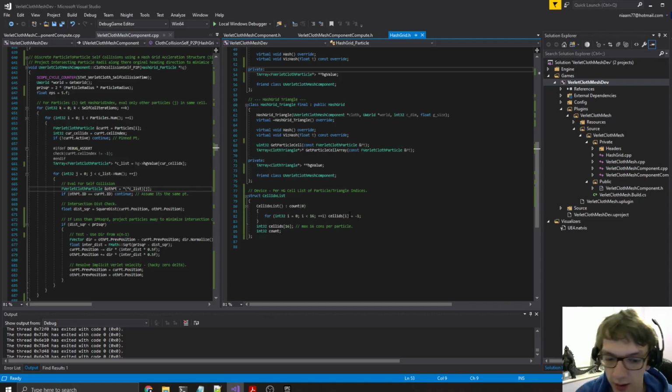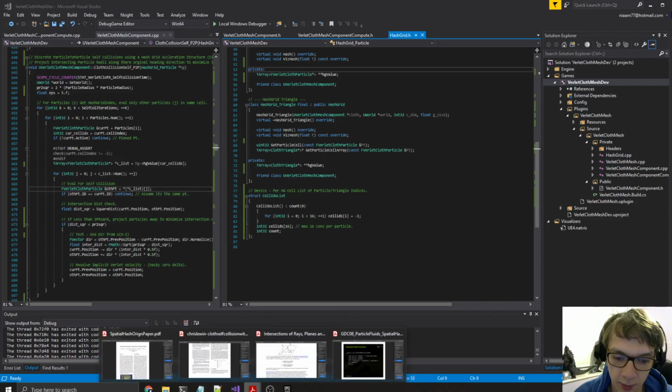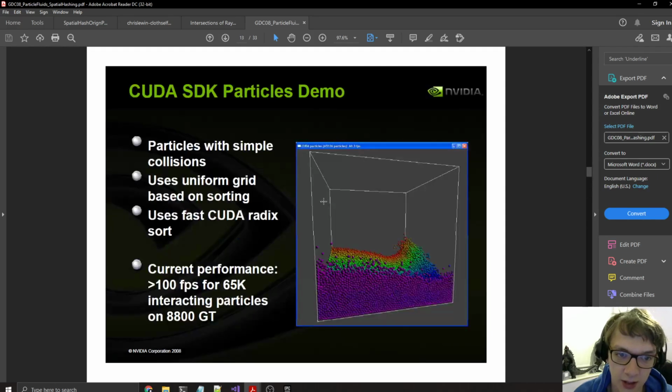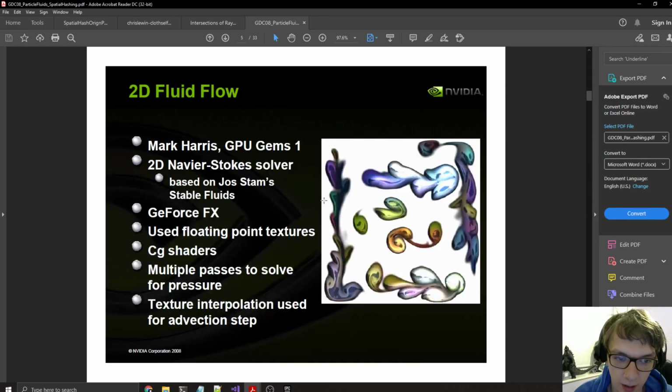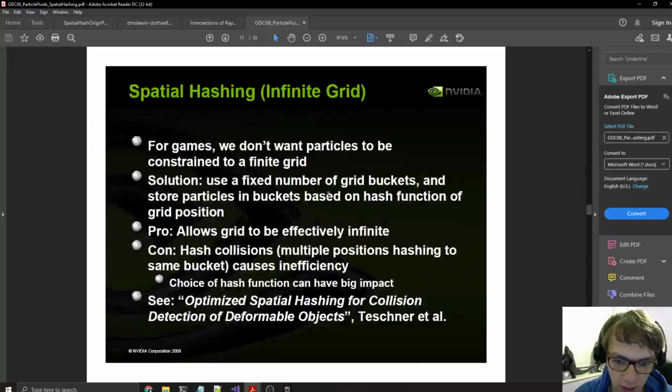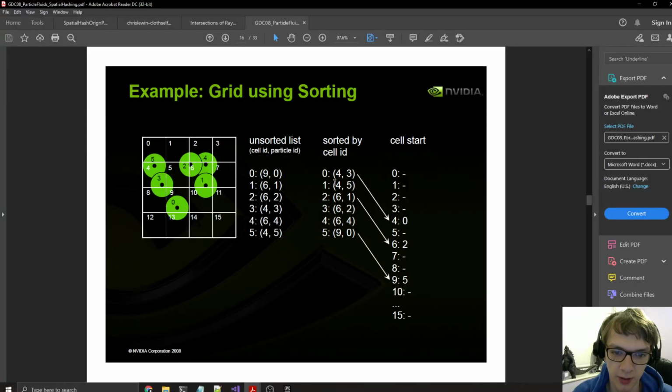One of the typical approaches is that we sort, and this is covered in Simon Green's paper here. You can sort the particles into cell order, and then also have an offset array which defines where each cell starts. So for example, the particle indices, this is cell 0, and then it goes on from here.